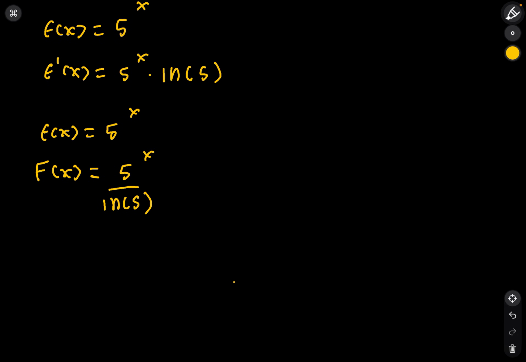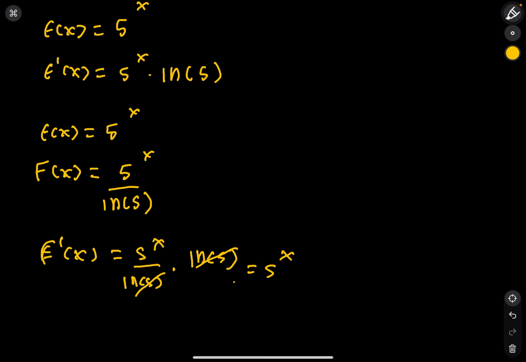The reason you do that is because when you take the derivative of it, so let's say you have big F prime of x, it is equal to 5 to the x natural log of 5 times 1 over natural log of 5, which is equal to 5 to the x.